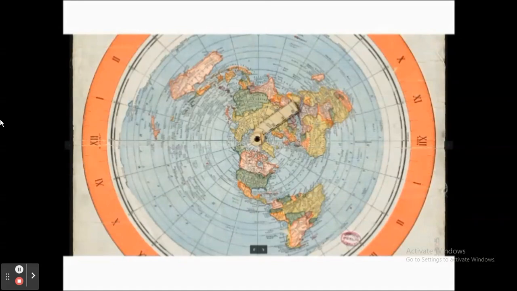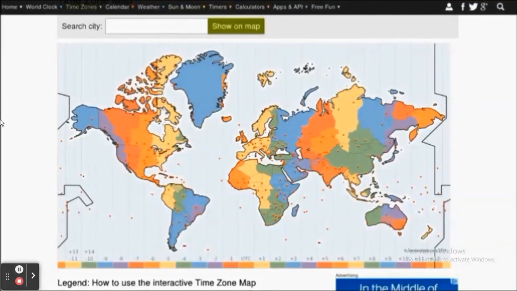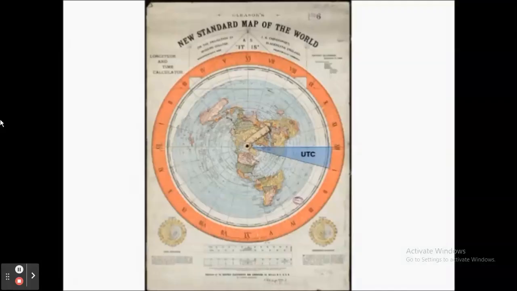So this is the representation of the time zones that they give us. Does this make any sense to you? Or does this make more sense? The hours on the clock are the different time zones. Everywhere you look on this map, everything we need to know about the world we live in is right in front of you.